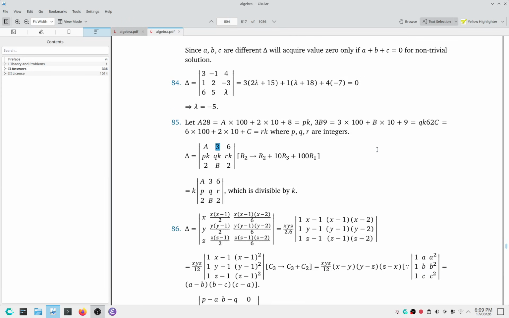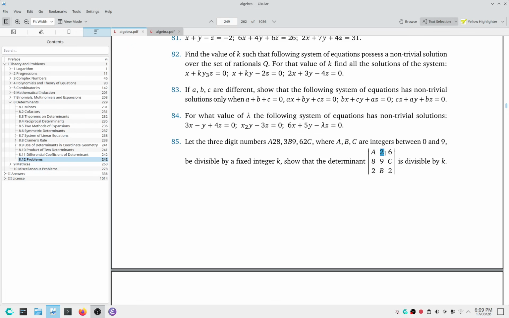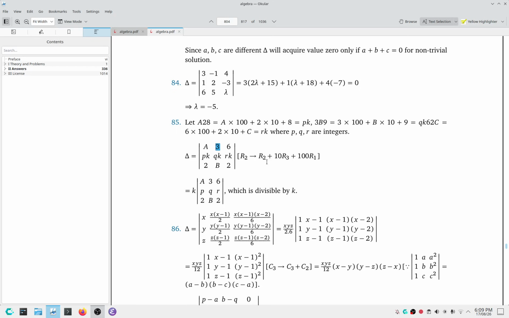There's a typing mistake again here. So 3 times 100, B times 10 plus 9, and 6 times 100 plus 2 times 10 plus C. This should have been 3. So what we have is that our middle row, that is row 2, becomes PK, QK, RK. And therefore we can take out K, so the determinant will be divisible by K.